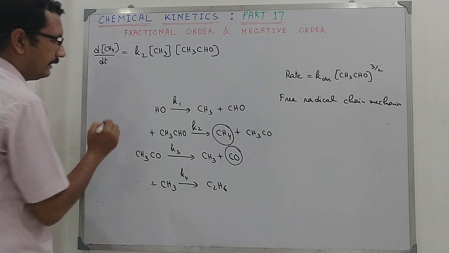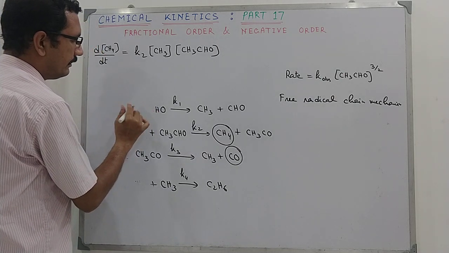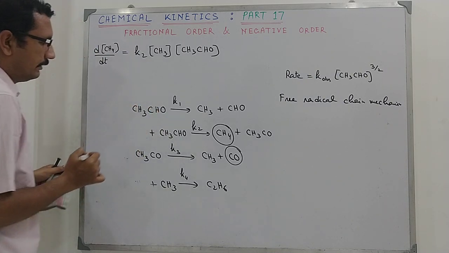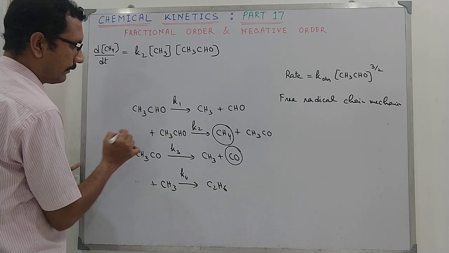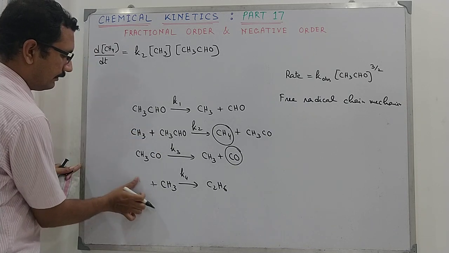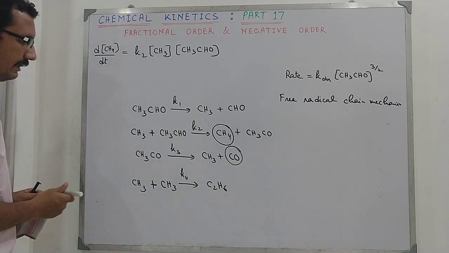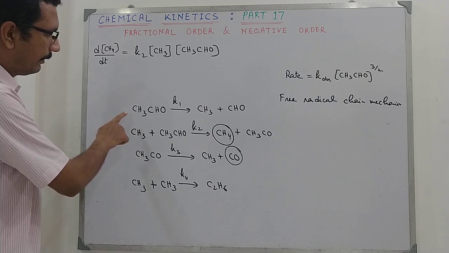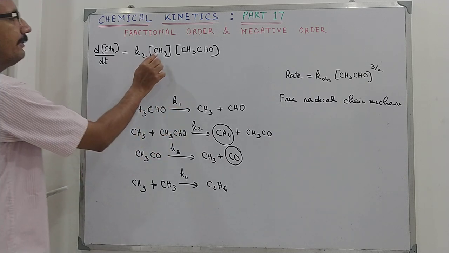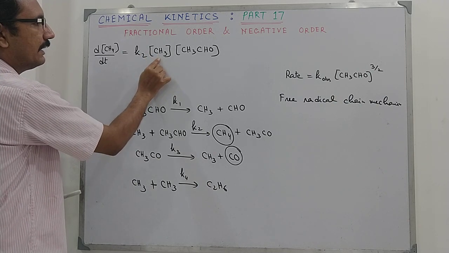If we erase it, it will be difficult for us to write the rate equations for the steady state approximation. So let us leave it as it is. Now we have to find the value of this free radical, concentration of this free radical.